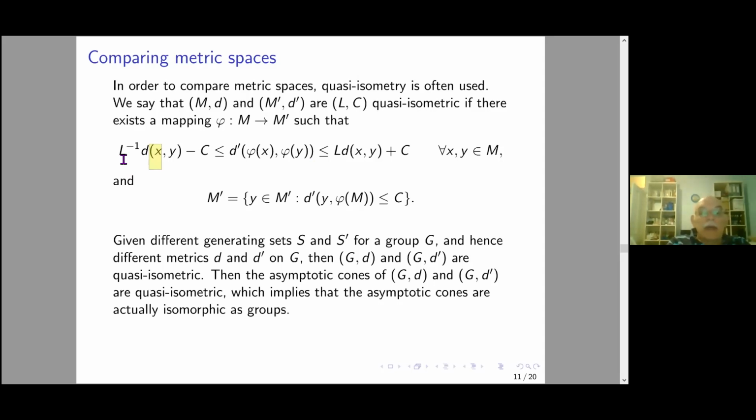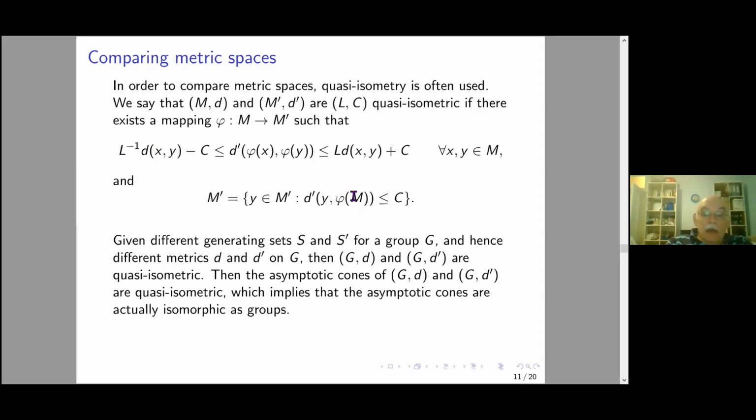So actually L to the minus 1 is going to be small and this is going to be big. And then there's some other additive constant as well. Anyway, this is a technical definition. It doesn't really matter exactly what it means, but there is a notion of quasi-isometry.